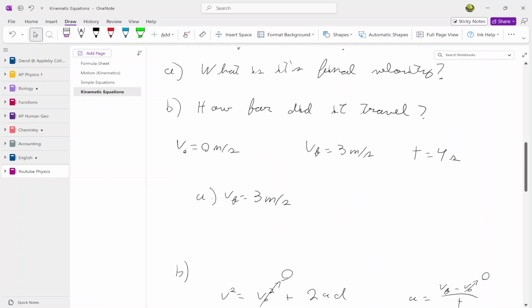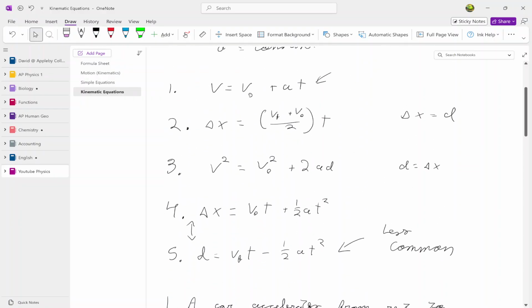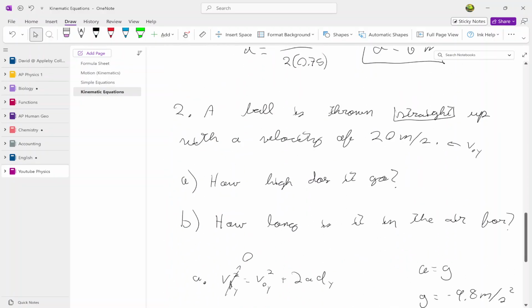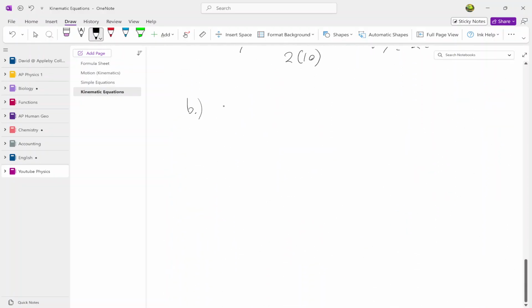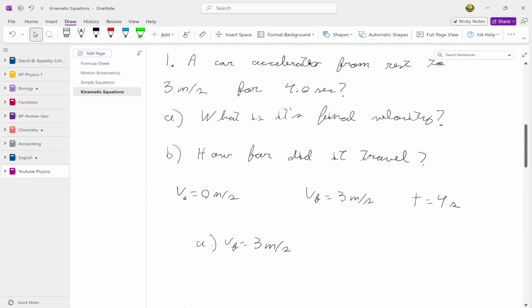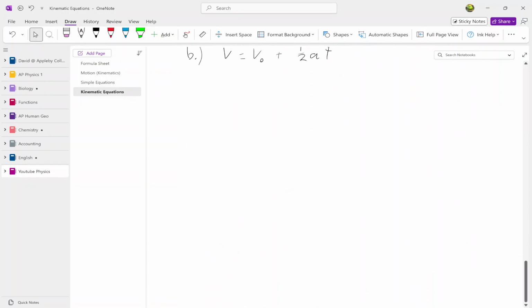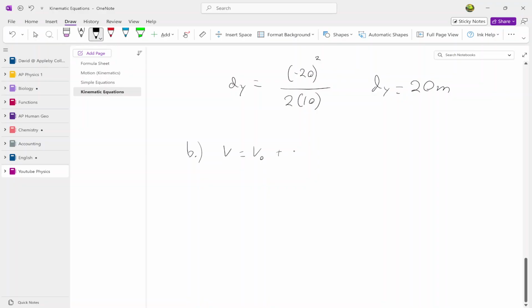So which one is time? Here we use the first one. V equals VO plus at. I'm pretty sure it's half, no? Oh, it's just at. Here we go. So t equals unknown.